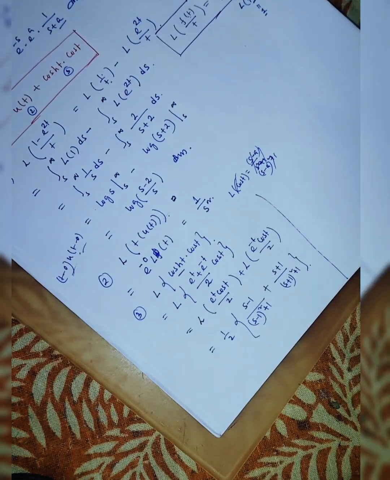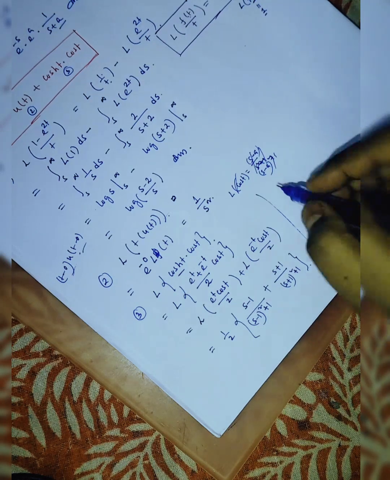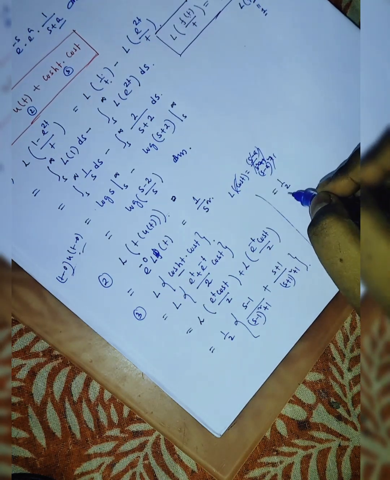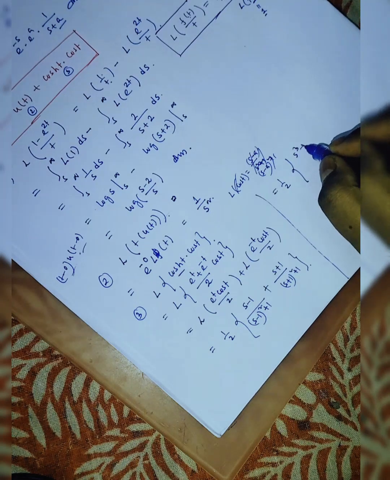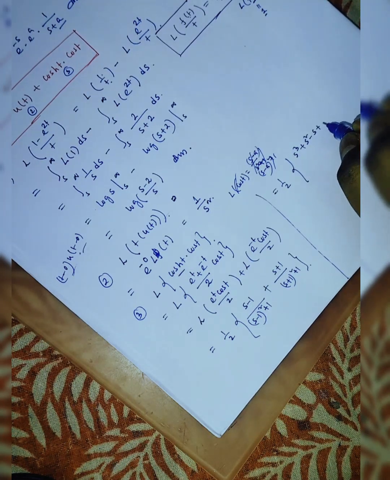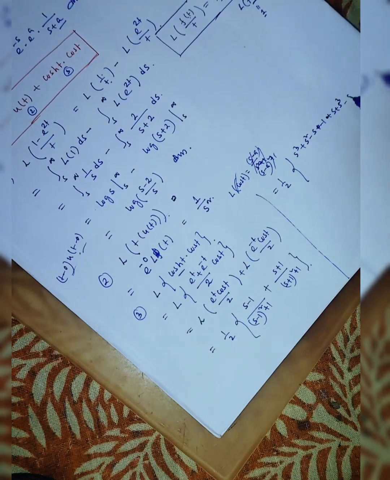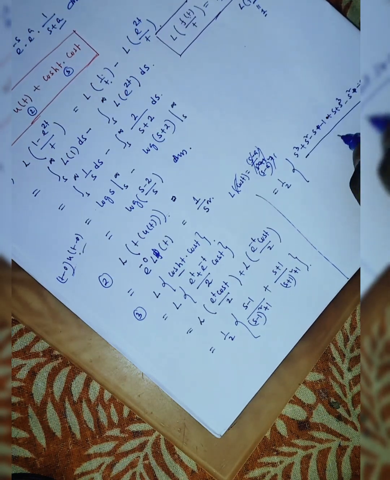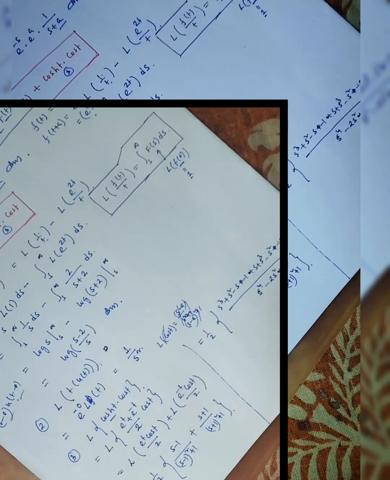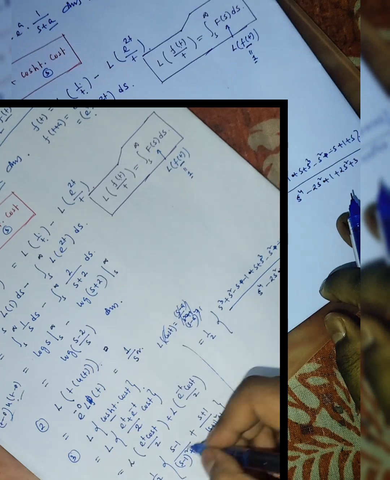And if you break this, then you will get 1 by 2 into s cube plus s square minus s minus 1 plus s cube minus s square minus s plus 1, over s to the power 4 plus 4. Simplify this and you will get this term.